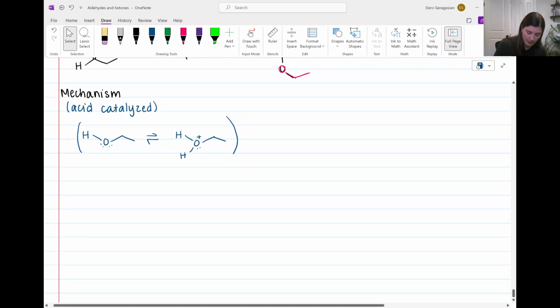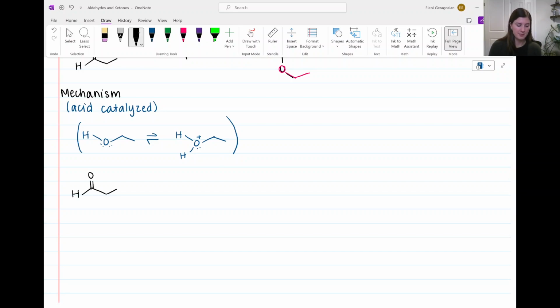So if we're starting with that aldehyde, propanal, in an acidic environment, the first step is the carbonyl oxygen getting protonated by that acidic alcohol molecule. Electrons from that oxygen get protonated, and the bond between oxygen and hydrogen will be owned by that oxygen now.